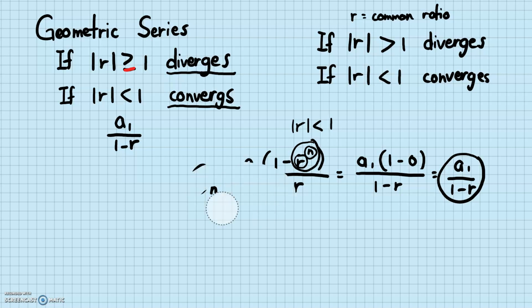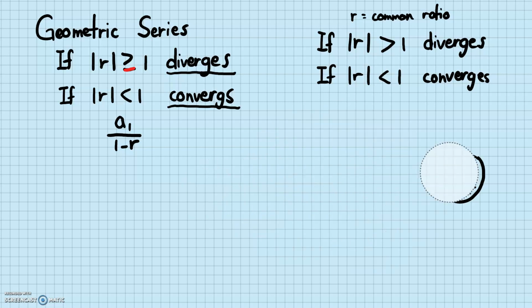So let's see if we can find the sum of some geometric series. Let's say we have a series like this: 1 + 1/3 + 1/9 + 1/27. Oh, it's a series, so we need to add these together.